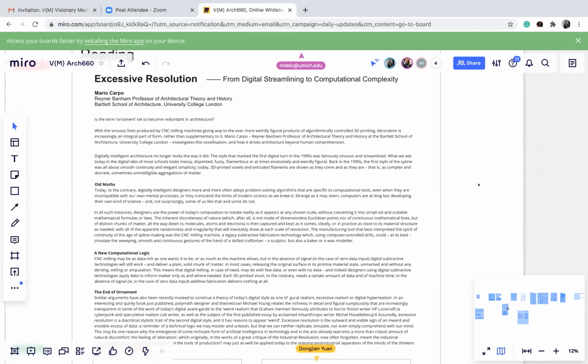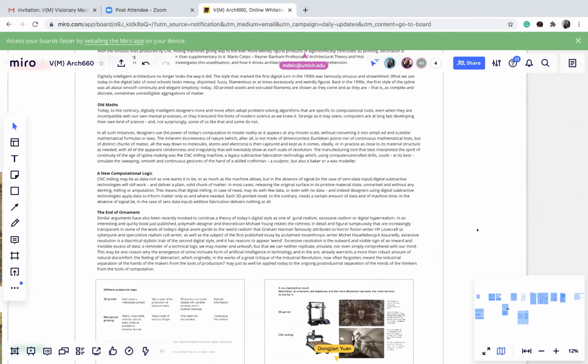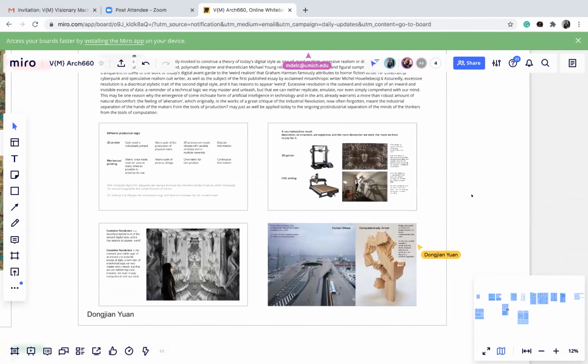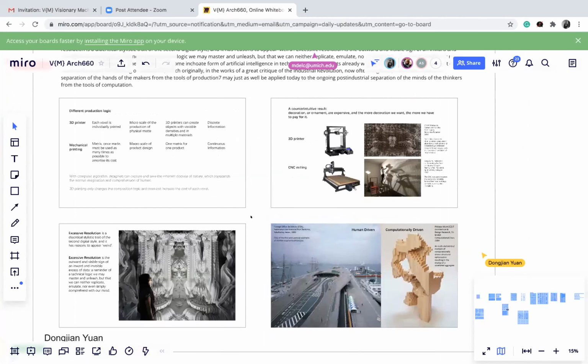With the development of computational technology, we can design architecture with nerves, and we can make completely computationally driven architectures, which are out of the normal imagination of humans.